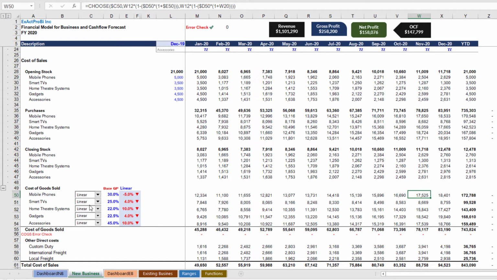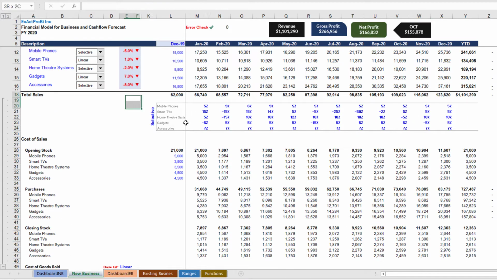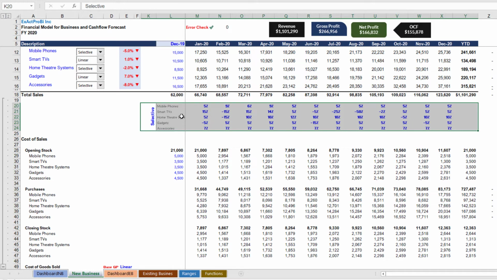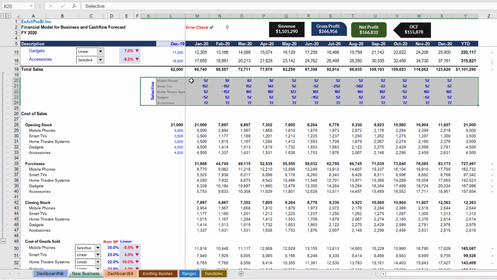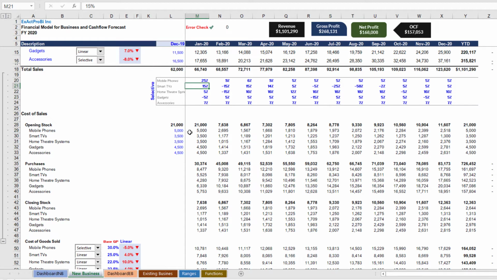Now here, if you put selective and go up here, in this particular section you can change the percentages. So let's change the percentage for mobile phone. Let's assume we'll have a tremendous amount of profit because of a one-off sale. We had a deal with one of the new customers where we got additional 25% gross profit.